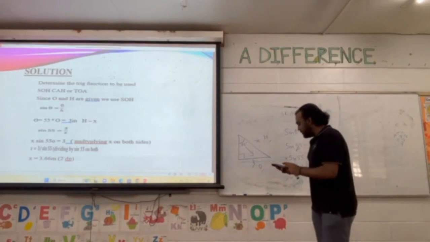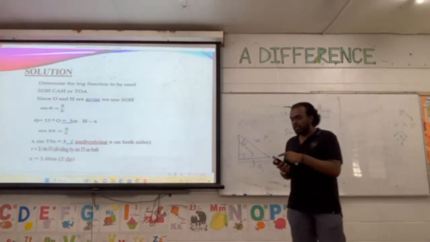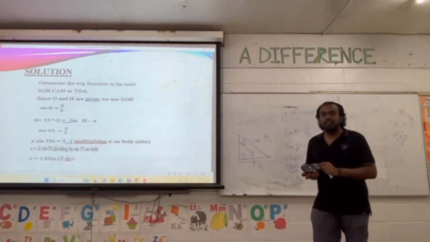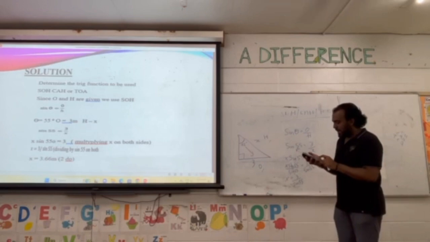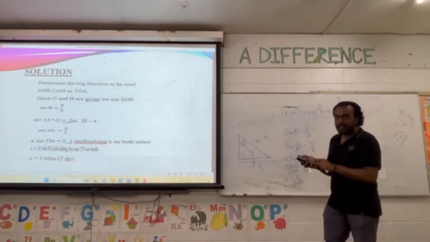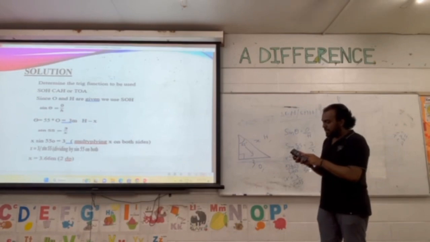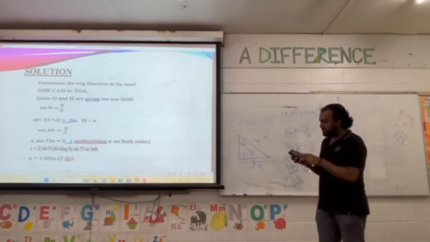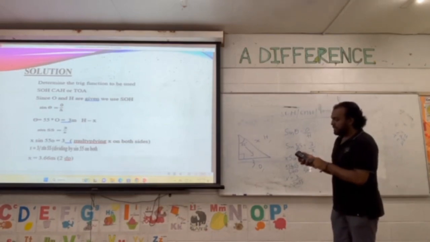Make sure your calculator is in degree mode, not radian mode, otherwise you will get a different answer. We'll press 3 divided by sine 55.